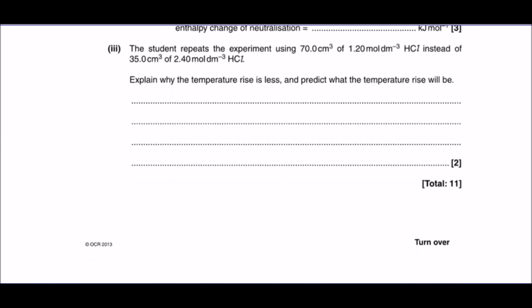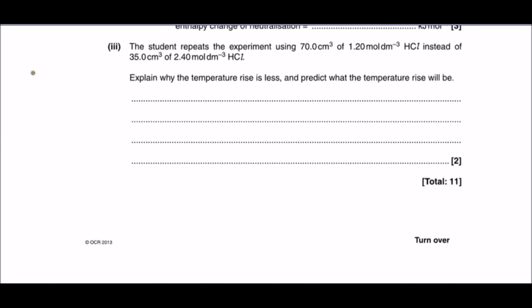Bottom of this question, so we're repeating this experiment. So in that first experiment, in the beaker, we had a total volume of 70 centimetres cubed, and in this second experiment, we've got a total volume of 105 centimetres cubed.